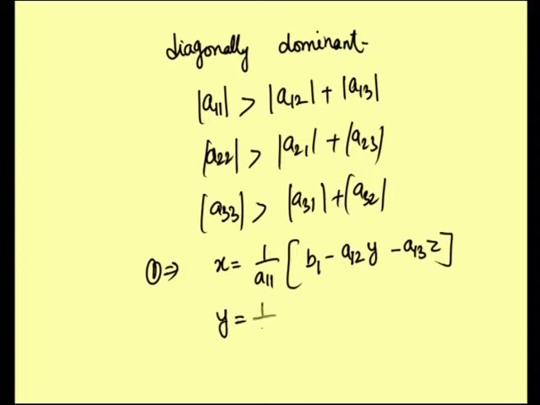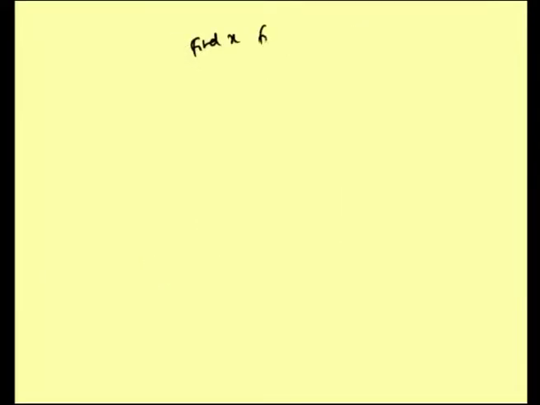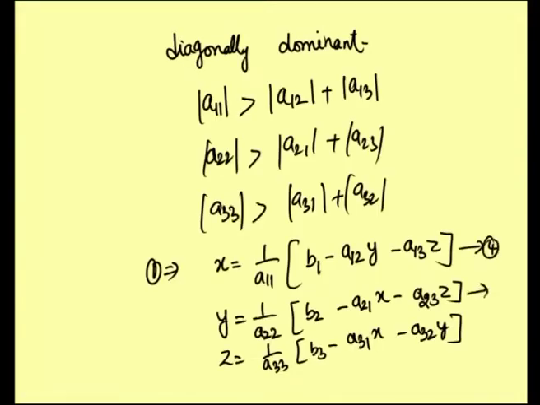The second equation for y is 1 by a22 times b2 minus a21x minus a23z. And the third equation for z is 1 by a33 times b3 minus a31x minus a32y. Let these equations be numbered 4, 5 and 6.